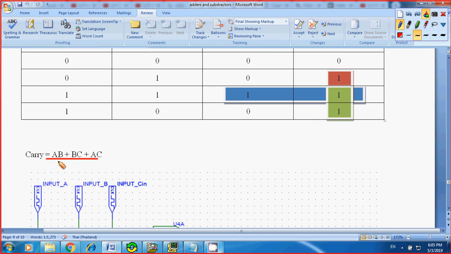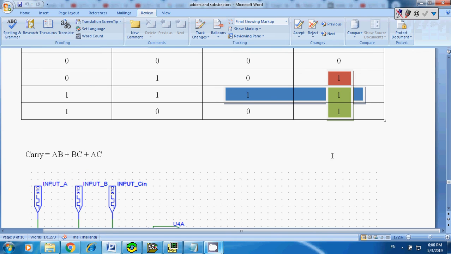So in this case you will need what? 3 2-input AND gates, right? And then you need what? 2 2-input OR gates, because you have a plus sign here.